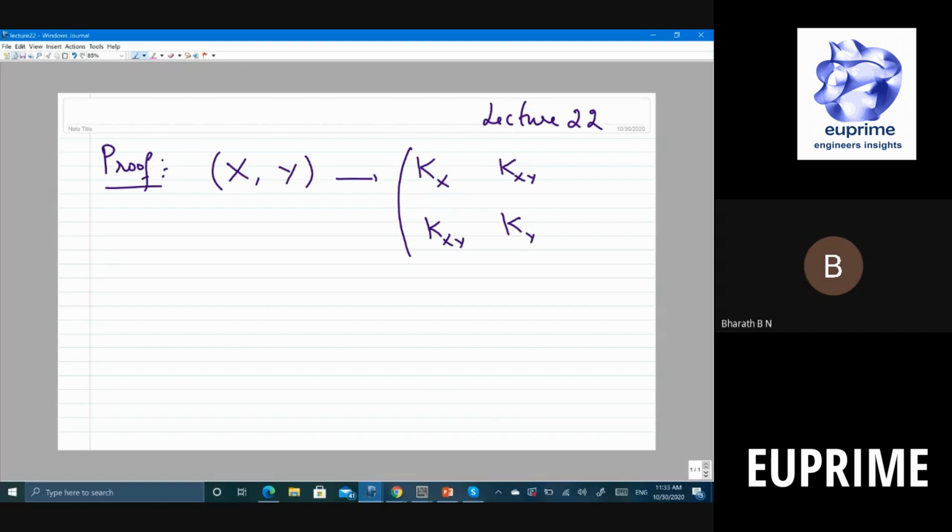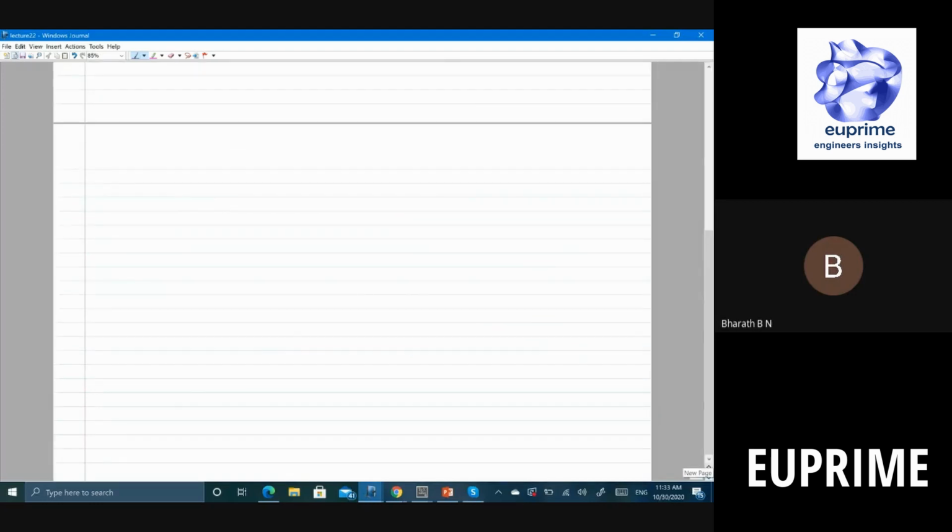I think it should be a transpose of this. Let me call these B, C, C transpose, D. So there are four matrices like this. With this notation, let's get started.